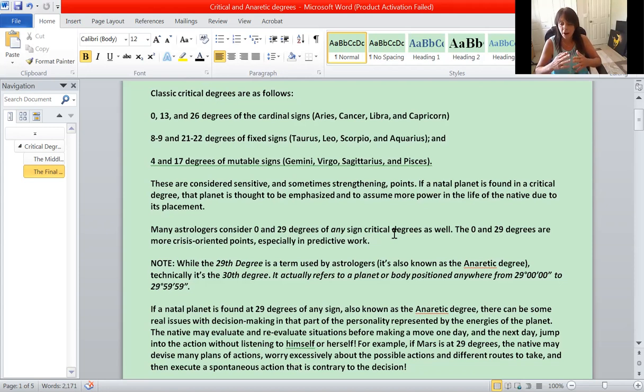If it's a harsh aspect, if you have a square or opposition or a semi-square, then it's going to add some more tension to an already highlighted spot. So sometimes the highlighting of something can be fun and sometimes it can get overstimulating.